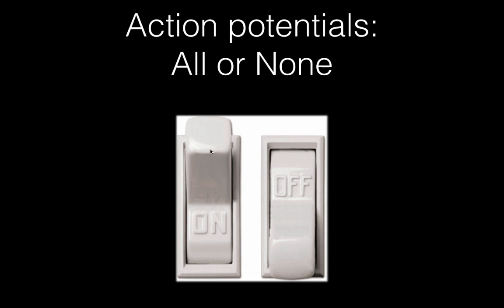Either you click on and the light is on, or you click off and there is darkness. There is no dimmer switch for action potentials in the neuron. You will not change the amplitude, you will not stretch it out to be wider or shorter. You either will have action potentials or you will not have them.